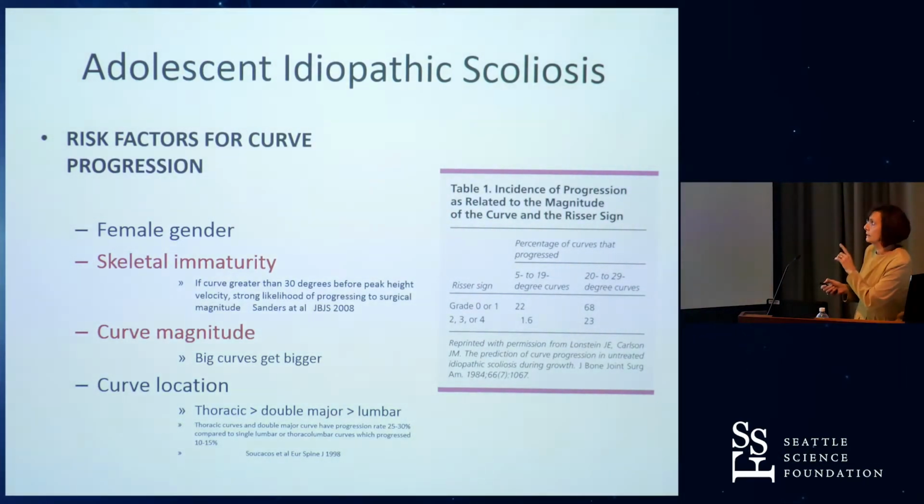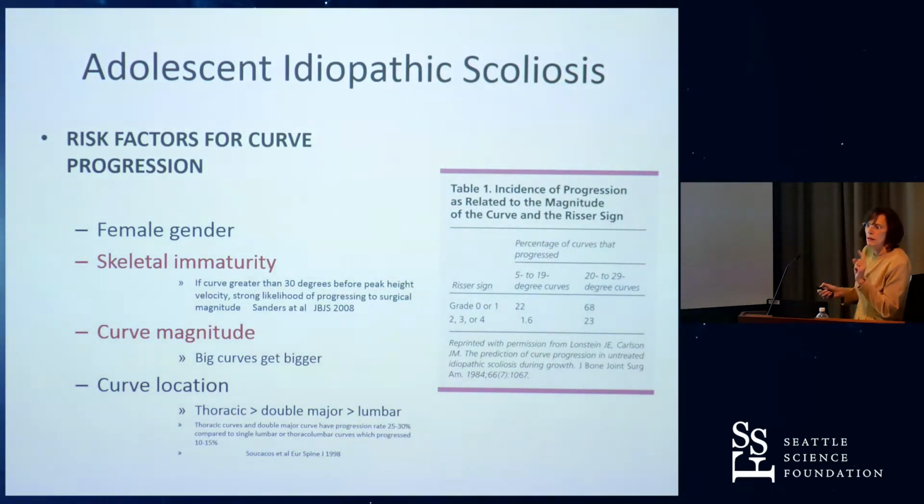We'll classify that a little bit more, but that's a skeletal marker of maturity that you can see on the pelvis, that we typically can see on a scoliosis x-ray, which is why it's used. And 0 or 1 are immature folks, and if you are skeletally immature and you have a small curve, 5 to 19, your likelihood of that curve progressing is small but real. If you're more mature, then that small curve likely progressing is very small.